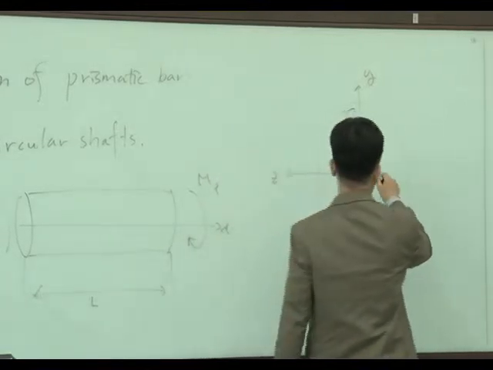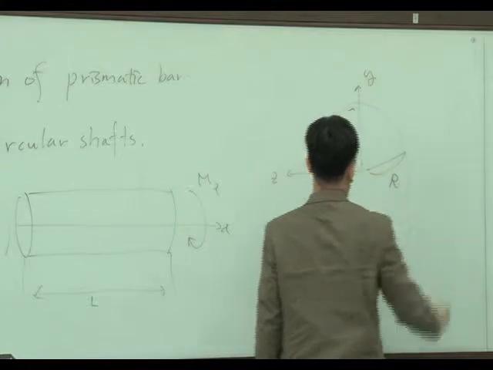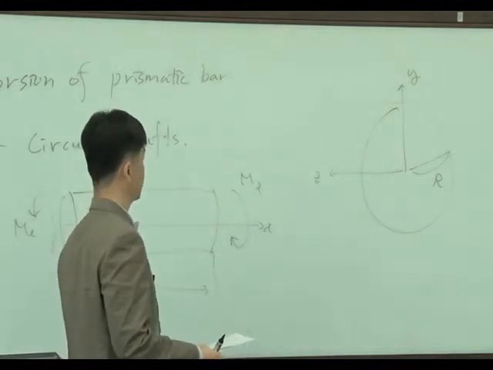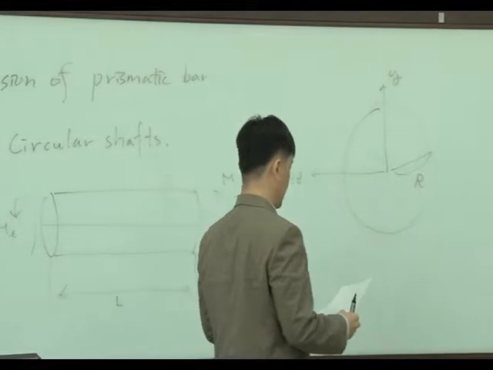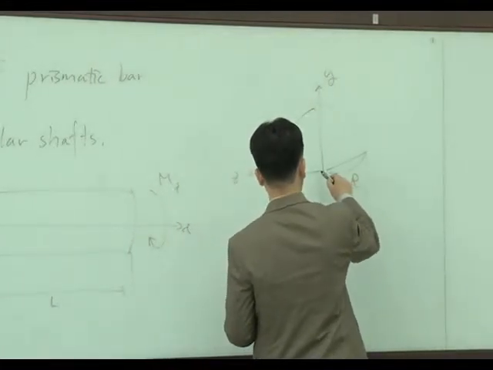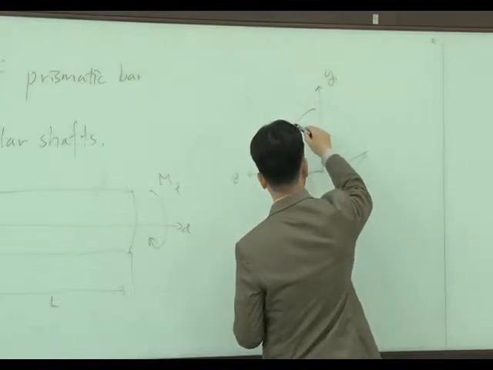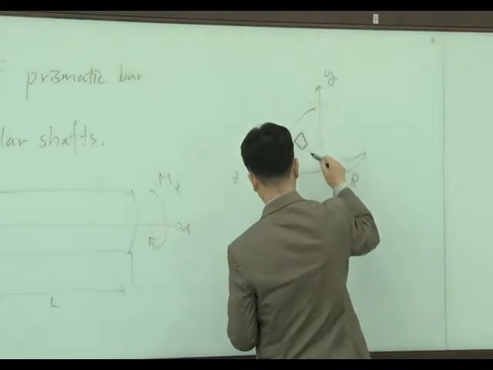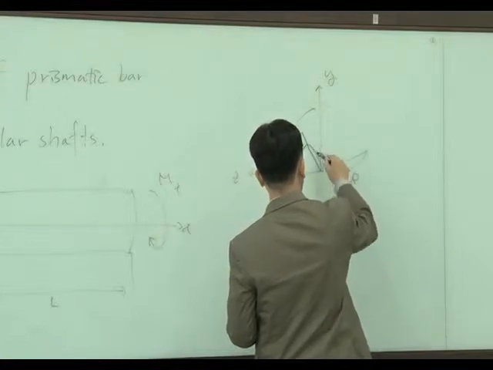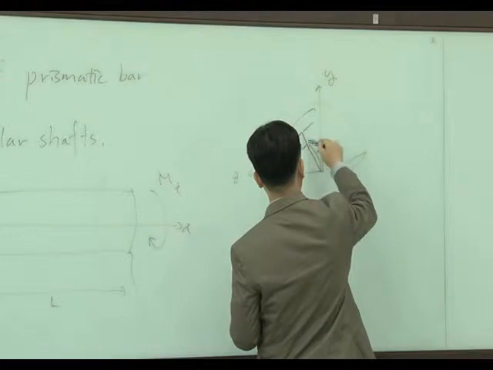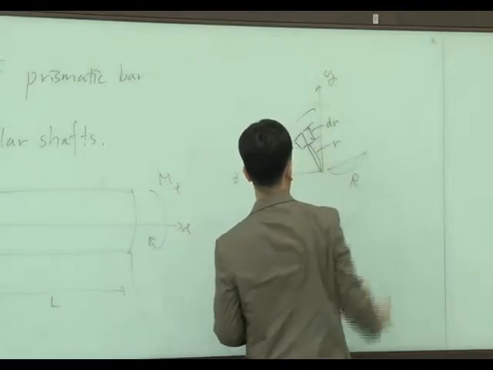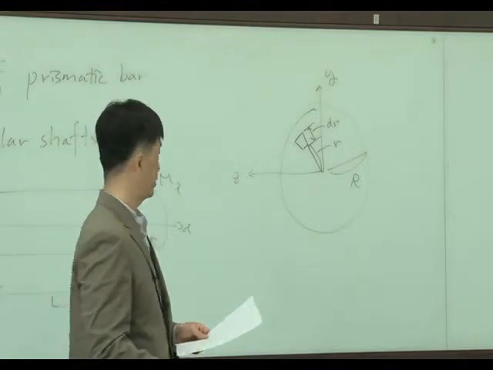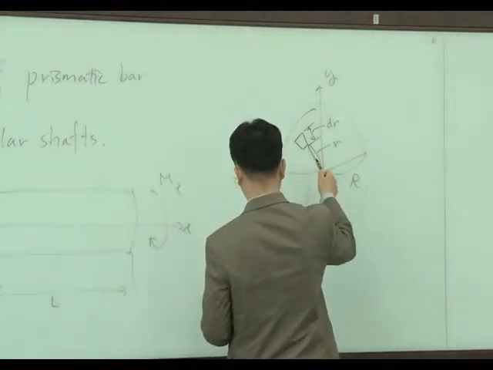And let's say the radius equals R. Let's consider some part of the cross section, this one, at radius r, and this is dr. A cylindrical coordinate system can be defined by the radius and angle theta.